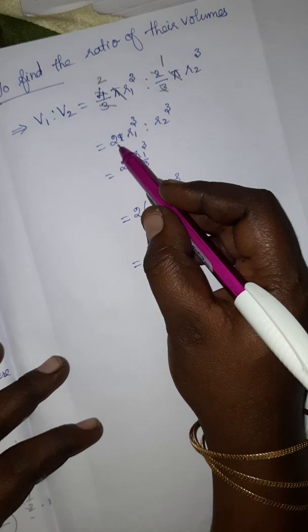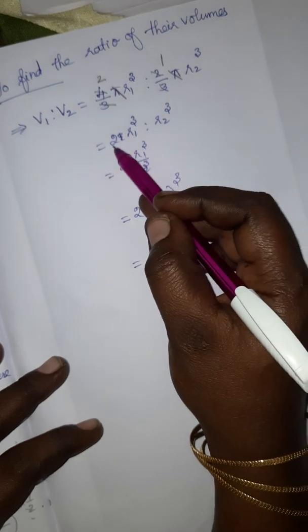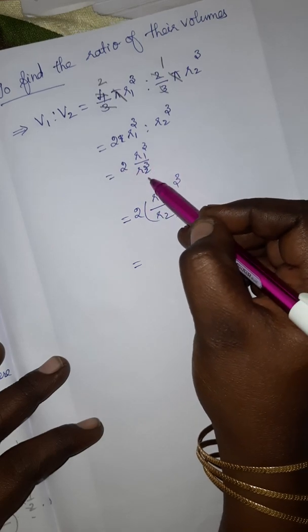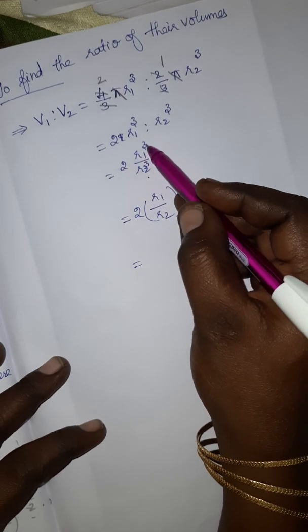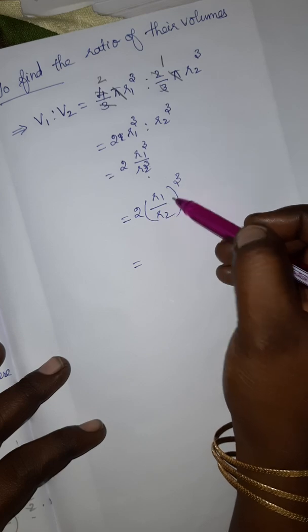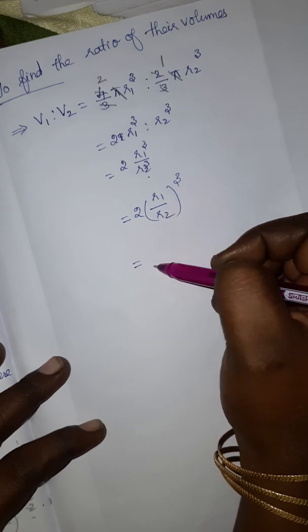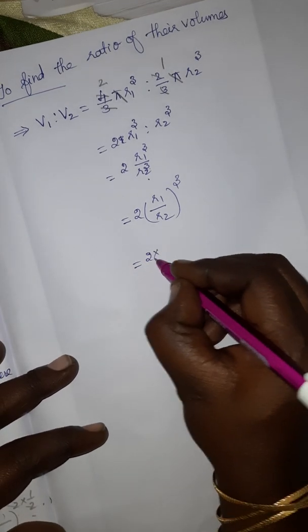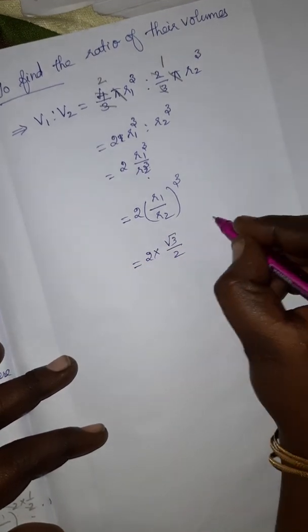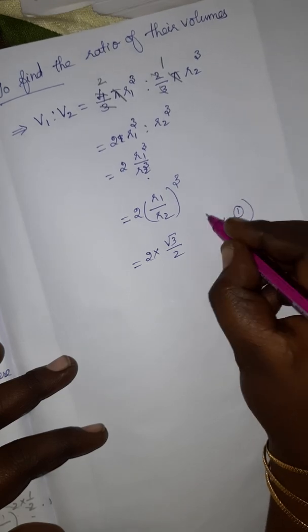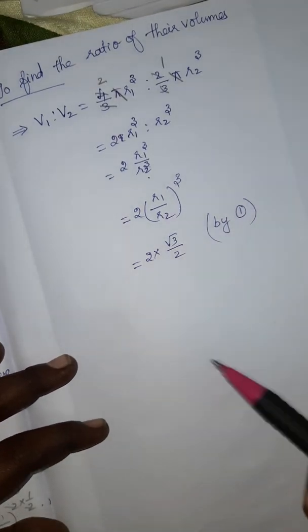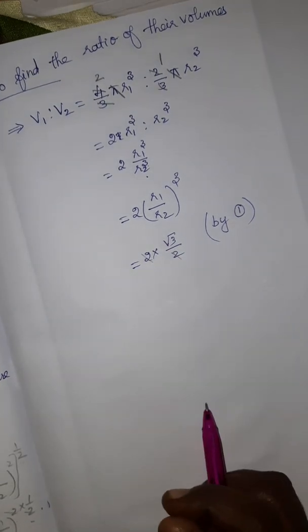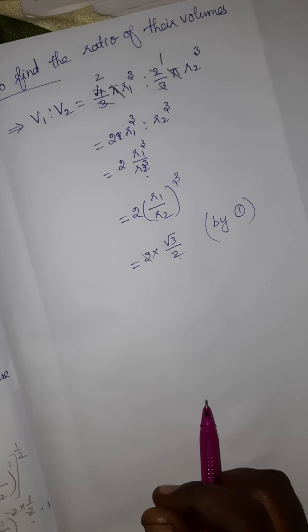Now we wrote this 2 in the numerator since it is the first part. So 2 into r1 cube divided by r2 cube. Now here the powers are same, so we take the common power. Now we can apply the r1 by r2 value here, from the first equation.